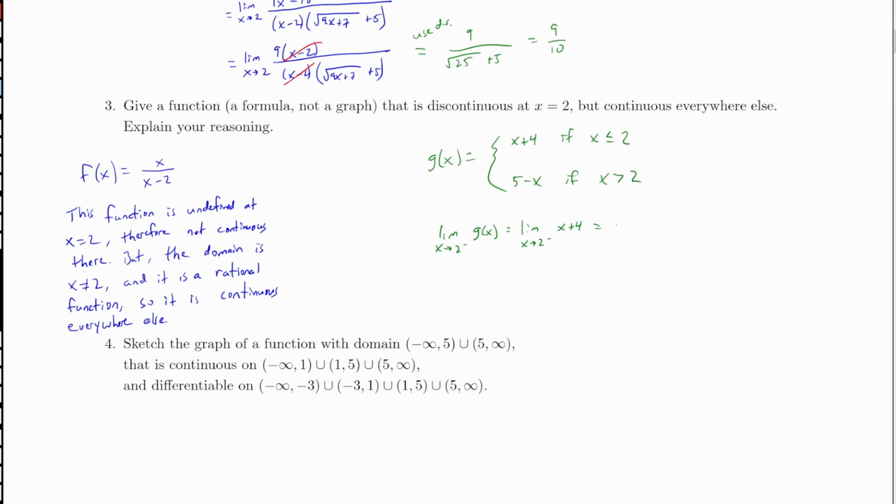And so then, using direct substitution, I get that the limit is 6. However, if I look at the limit as x approaches 2 from the right, then we use the formula 5 minus x. So I'll have 5 minus 2, or 3. Since these don't match, the limit doesn't exist.